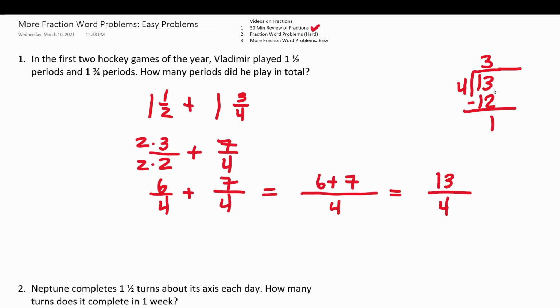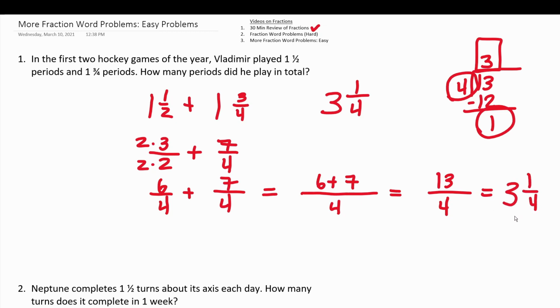So rather than proceeding and figuring out what this decimal is, we have enough to write this improper fraction as a mixed number. This 3 is going to be our whole value. This 1 is going to be the numerator of our fraction, and this 4 is going to be our denominator. So 13/4 is the same as 3 1/4.